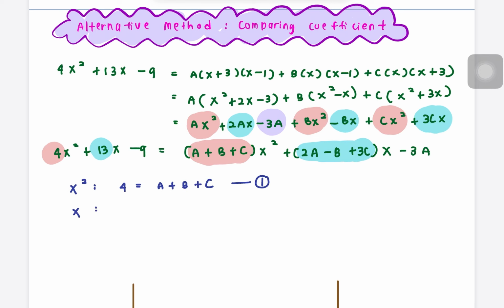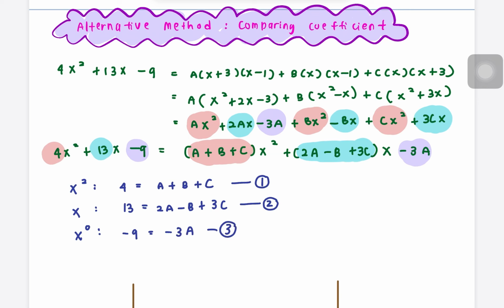So we want to solve for a, b and c. We can get a straight answer from the third equation. So just start with this one first. So we have negative 9 equal to negative 3a. So a will be equal to 3. Okay, so settle for the unknown a.